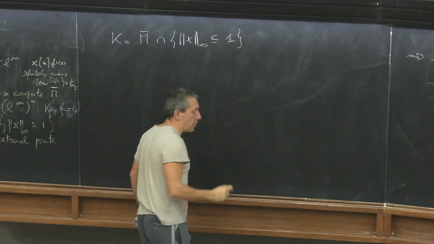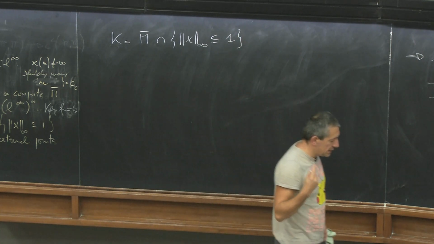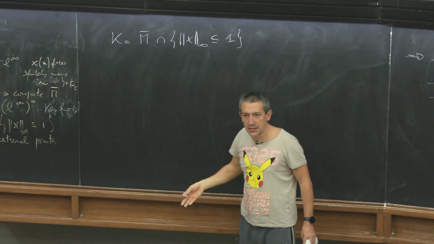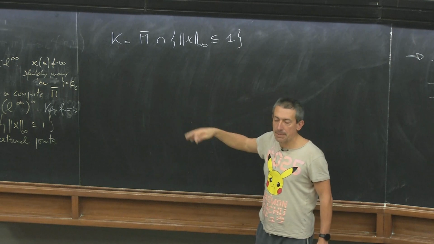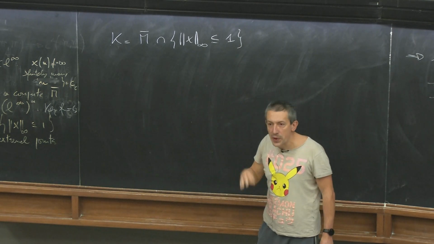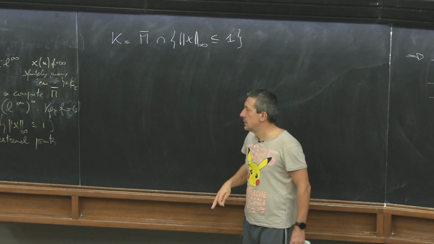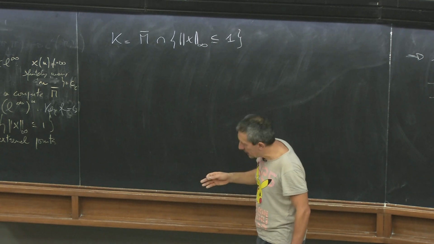Okay, so what about the theory here? This set is bounded, closed, strongly closed, convex, and so it is weakly star closed. Weakly star convex.